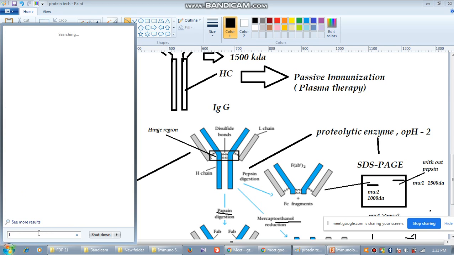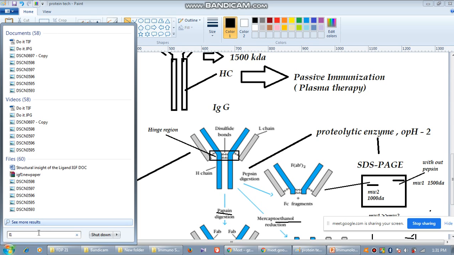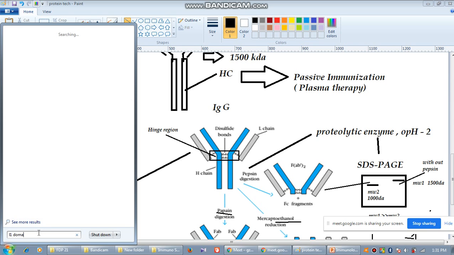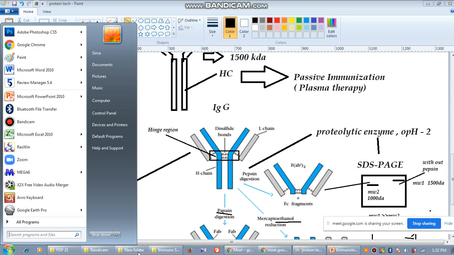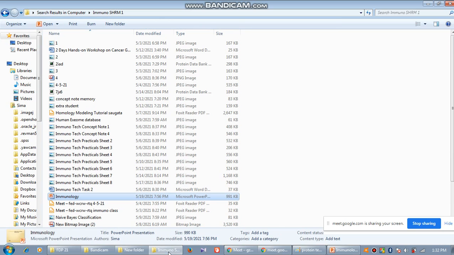I'll show you a protein like this. L1 domain. Interaction. Let us see here.